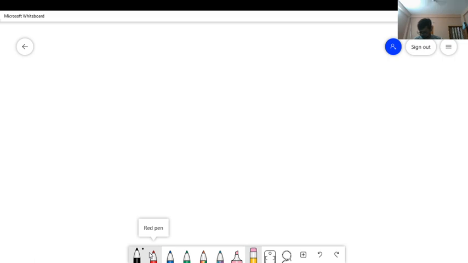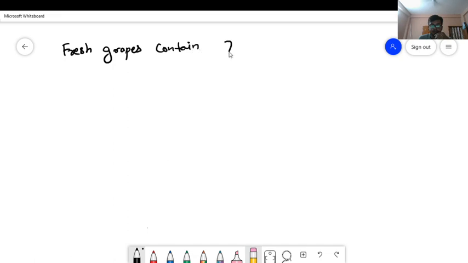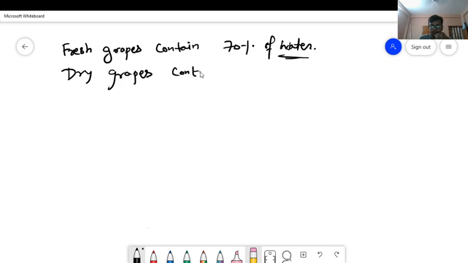Okay. Let's move to the next question. Fresh grapes contain 70% of water. Right? They contain 70% of water. Now dry grapes contain 30% of water.